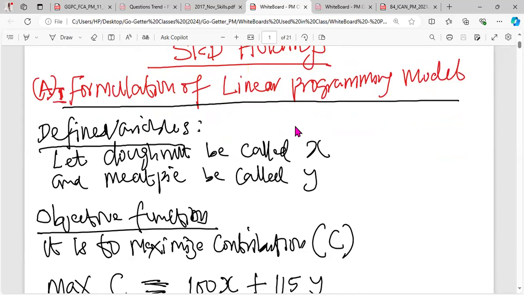We called one of the things that we are given the variable x, that is donuts, and meat pie we called y. And we said that in linear programming, the relationship is a straight line relationship. When there is more than one unknown or one scarce resource, we use linear programming.